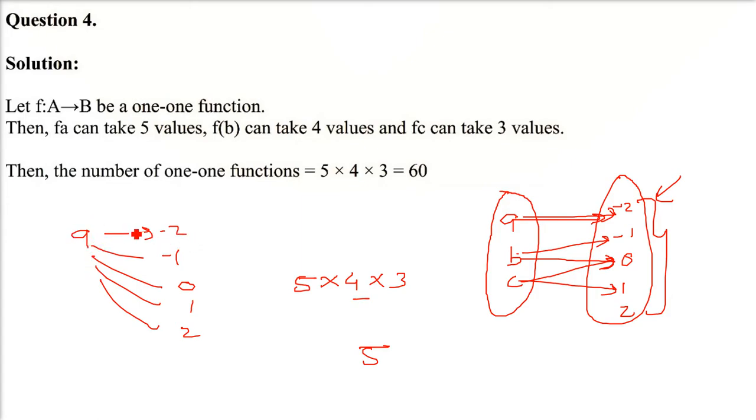Once it is mapped with any of these, only 4 are remaining for B. But once A and B are both mapped, C will only have 3 remaining. So 5 into 4 into 3 is going to be 60.